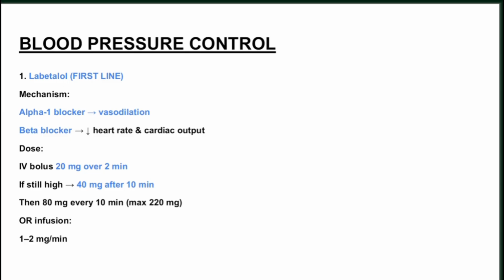So we're going to give this IV drug at 20 milligrams over 2 minutes, and if the BP is still too high, we're going to keep doubling the dose: 40 milligrams after 10 minutes, and then 80 milligrams every 10 minutes to the maximum dose of 250 milligrams, until we achieve our intended results.